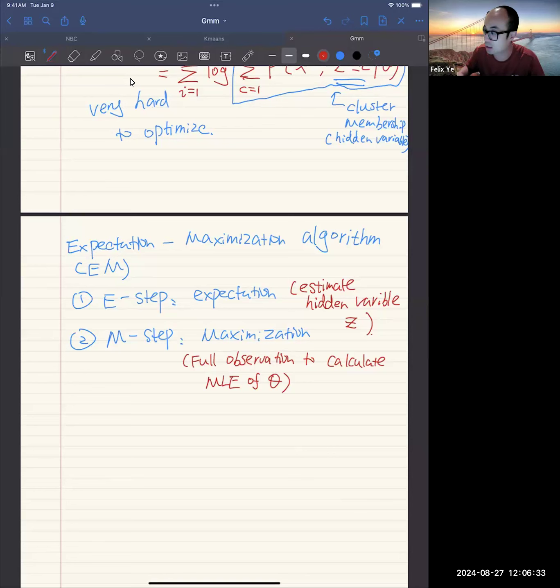This is very similar to k-means optimization. Of course, we need to iterate this process until everything converges. The expectations depend on the parameters, and the parameters depend on those expectations, so one is connected to the other.